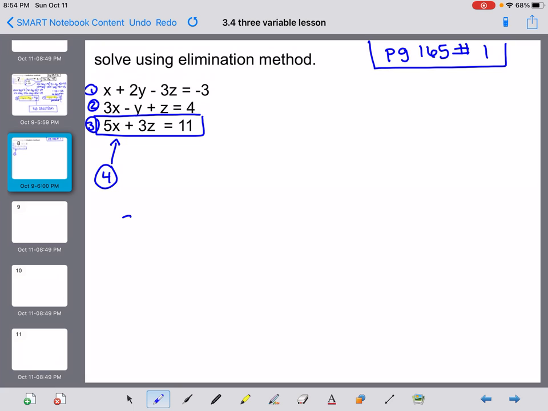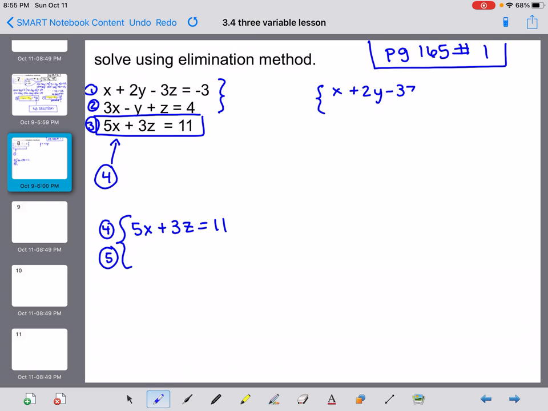So remember, I'm trying to create a system with two more equations, equations 4 and 5, that are down to two variables. So I already have an equation with only two variables in it. So I just need a fifth equation, and I want that fifth equation to have the variables x and z to match equation 4. I need to create that fifth equation using the two equations I haven't touched yet, 1 and 2.